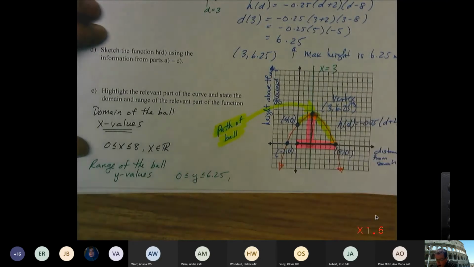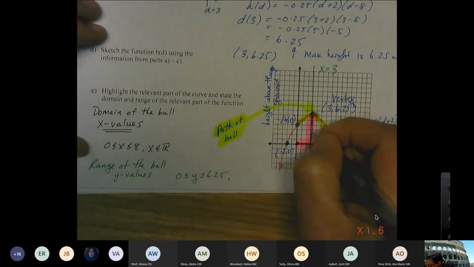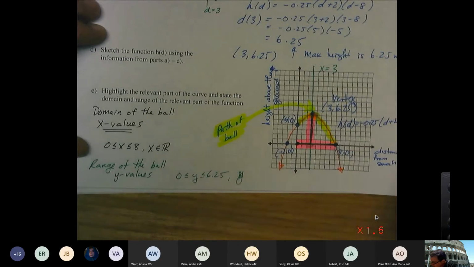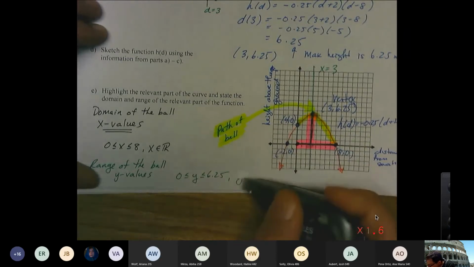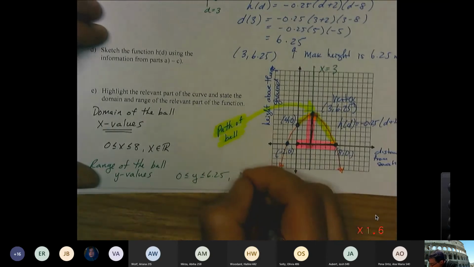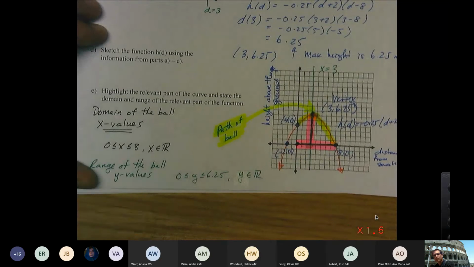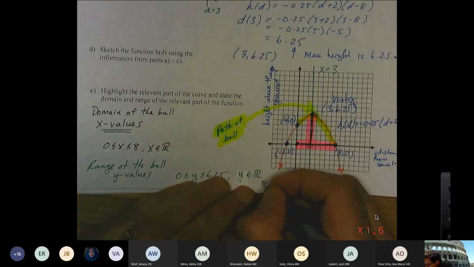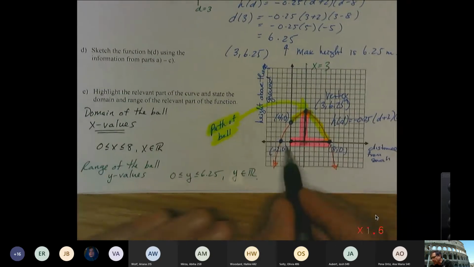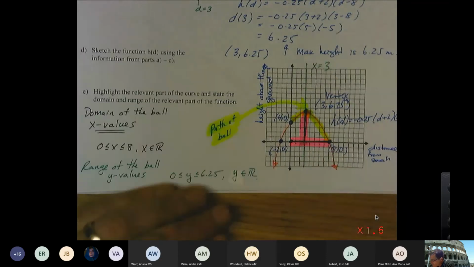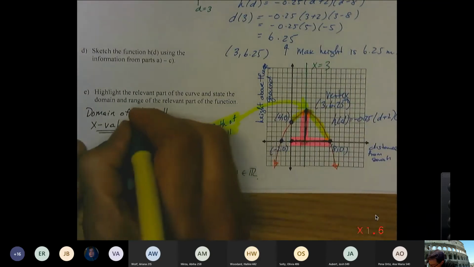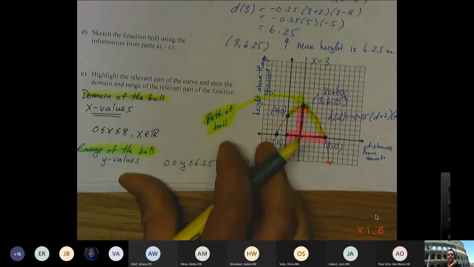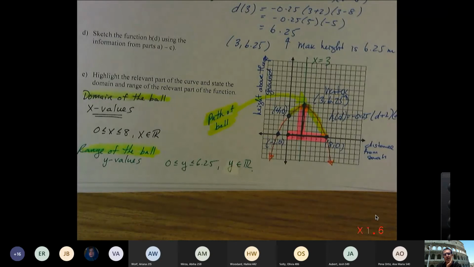All the decimals, all the fractions, everything's included in here, all the irrational numbers. So we say y is an element of the real numbers. And that's how you do domain and range. So the range is the y values here, and the domain are the x values. But we're only talking about the domain of the ball and the range of the ball. I'm going to stop the video there and I'll take questions.